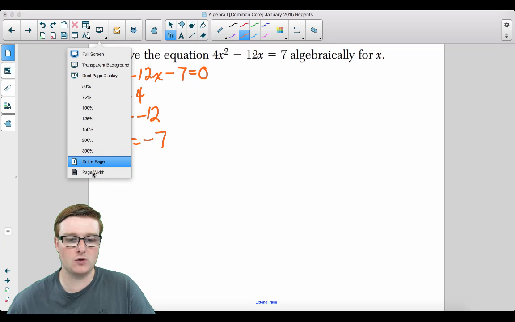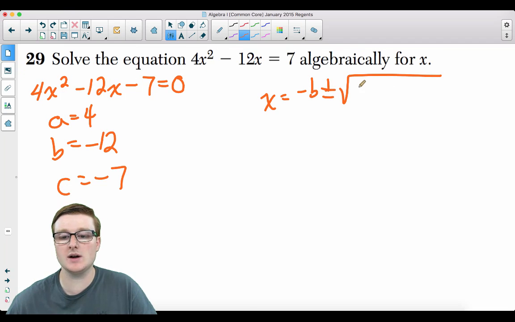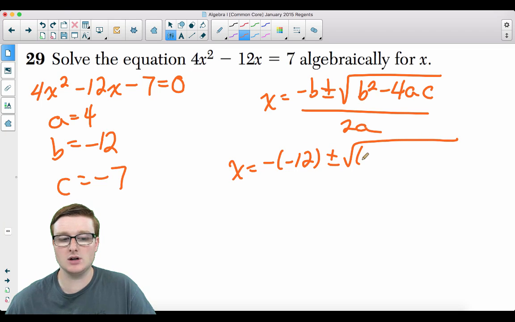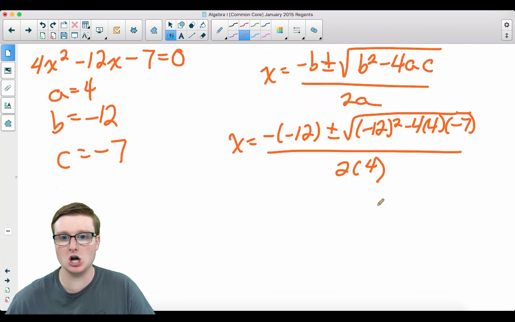So, using the formula, x equals negative b plus minus the square root of b squared minus 4ac, all over 2a. We're going to go ahead and solve it. So we get x is equal to negative negative 12 plus minus the square root of negative 12 squared minus 4 times a, which is 4, times c, which is negative 7, all over 2 times 4. Keep on going.